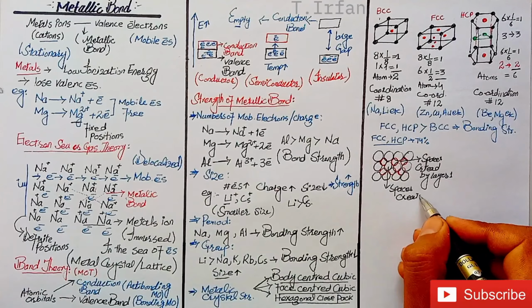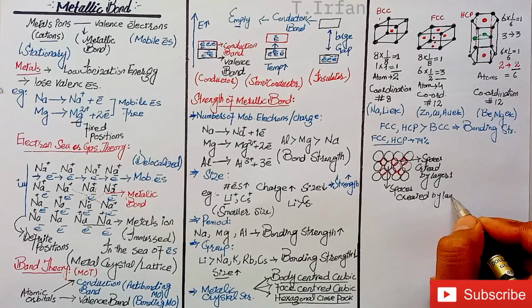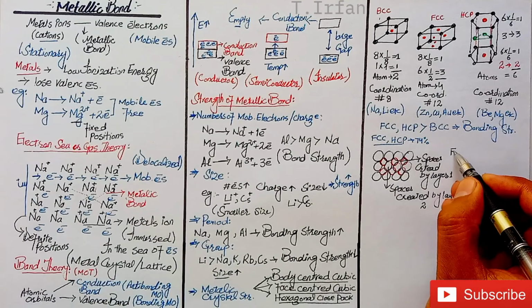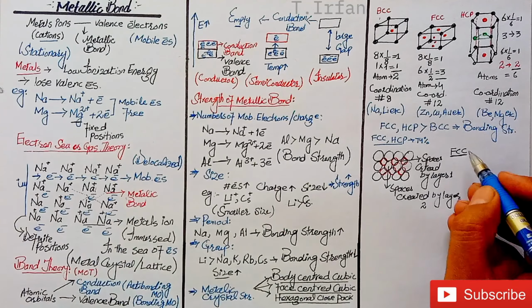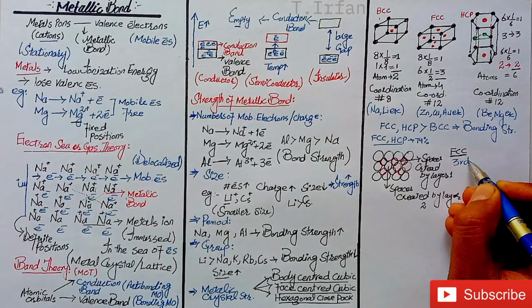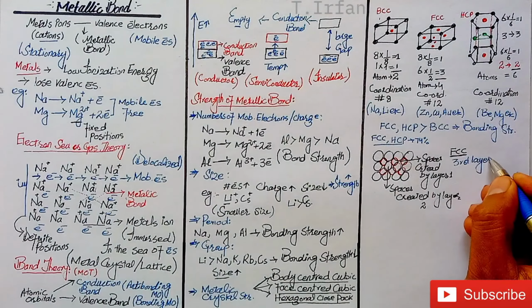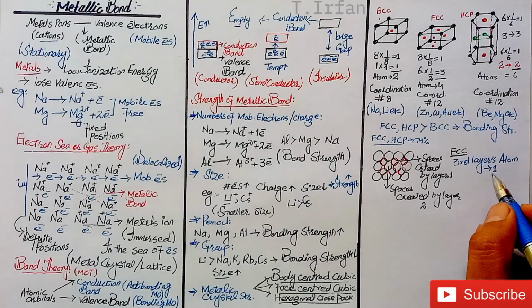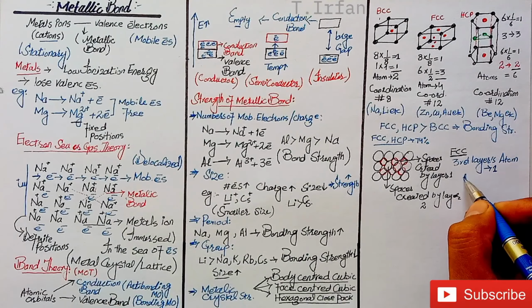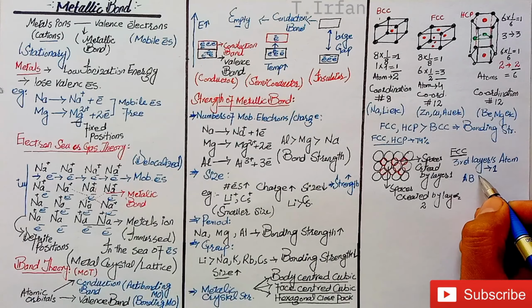Now in face-centered cubic, the atoms of the third layer occupy the spaces which are created by the first layer, and in this way face-centered cubic forms 3 types of layer which are A, B, C, and these again repeat.